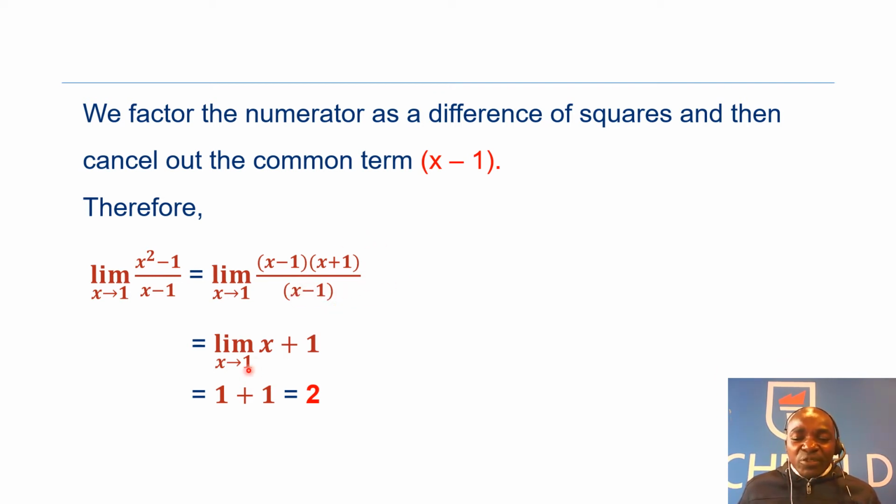You are left with the limit of x plus 1 as x approaches 1. Now we can directly substitute the value of x, which is 1, and we get 1 plus 1, which equals 2. So the correct limit of this expression is 2.